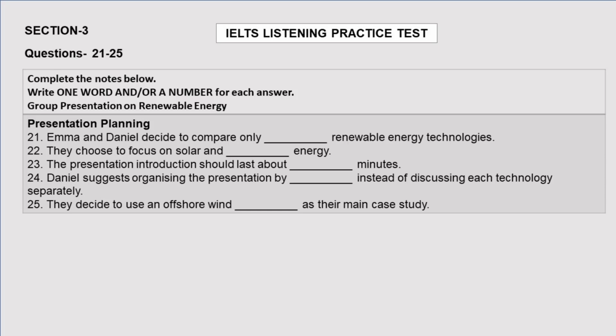So perhaps we could begin with a short introduction about climate change, increasing energy demand, and the need to reduce carbon emissions before moving on to the comparison. Yes, but we shouldn't spend too long on the background. Most people in the class already understand the basic reasons for using renewable energy. Good point. We can keep the introduction to about 2 minutes and then move into the main discussion.